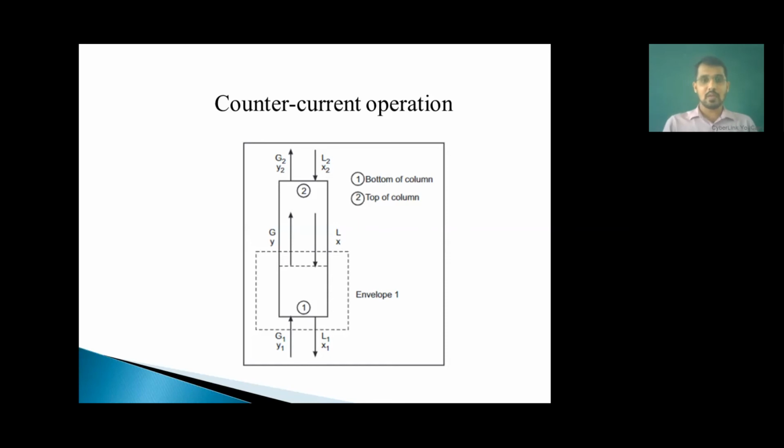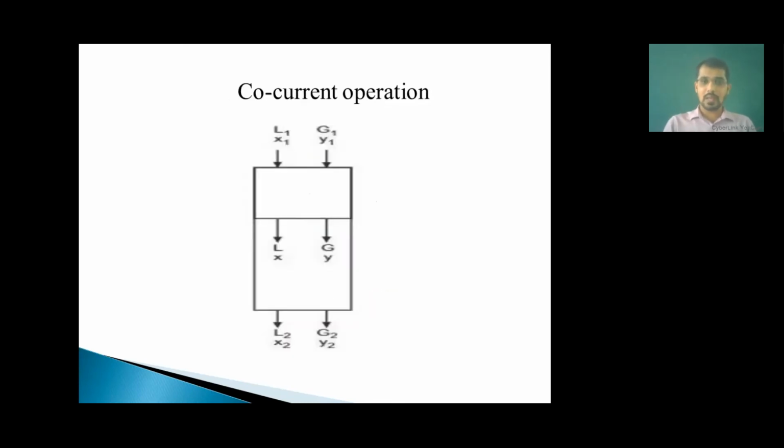Next we will see the figure for the co-current now. Similarly, you can see here both liquid and gaseous streams coming from the same direction, meaning from top to bottom, or I can show it like this, bottom to top, in any manner. The concept is that co-current means the same direction and counter current means the opposite direction. So the representation here is the same.